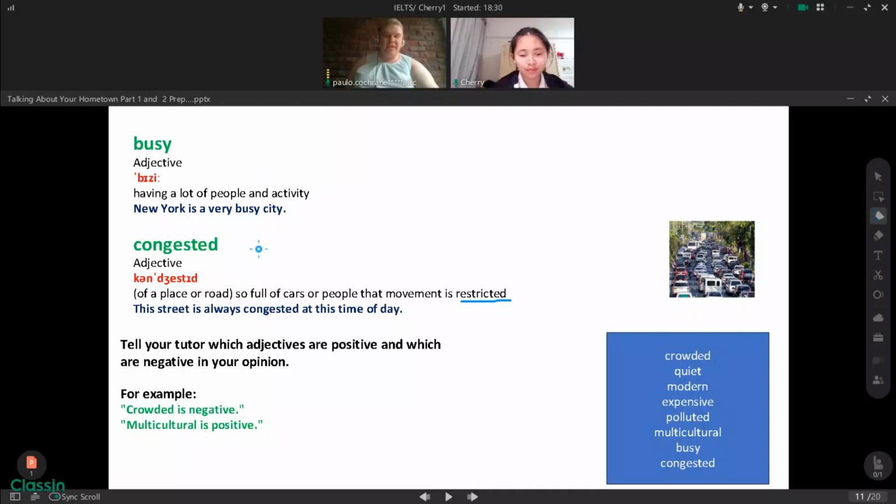Okay, so do you understand these two words, or are there some words that you're not familiar with? Congested means that, have you ever seen some countries where at certain times of the day, like in the morning, when people want to get to work, the roads are so full that they can't move?